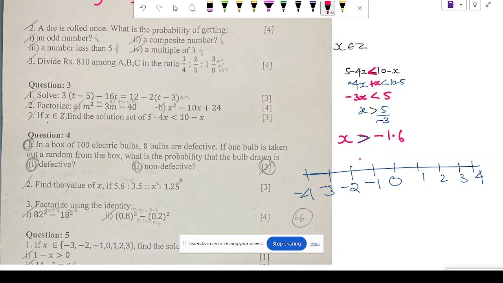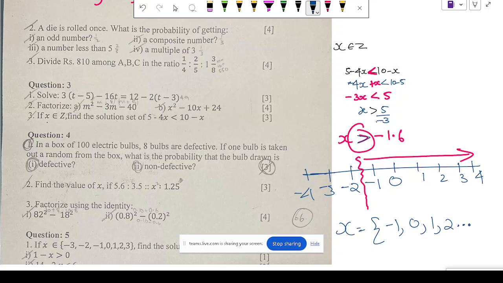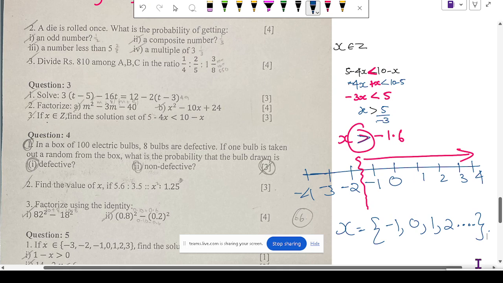It lies between minus 1 and minus 2, sir. Very good. And the arrow is facing towards the right hand side. All the numbers you have to take after minus 1.6. What are the numbers? Minus 1, 0, 1, 2, 3, and few dots. What do these dots indicate? Infinity. Yes, infinite numbers. The numbers go on infinite.